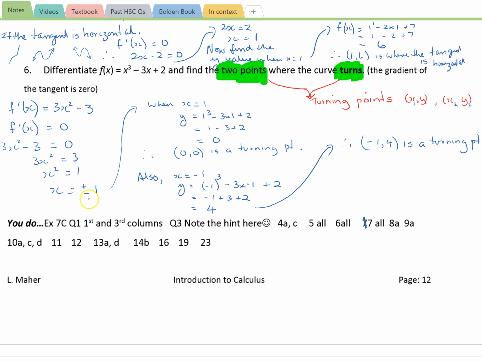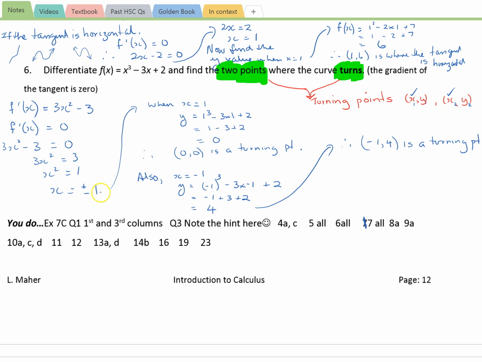I'll get 2 x values. Explains why they said find 2 points. I now have at this stage my x1 and my x2. My x1 will be 1 and my x2 will be -1.